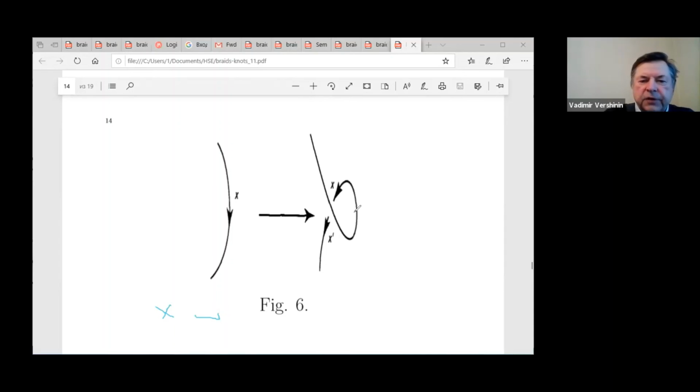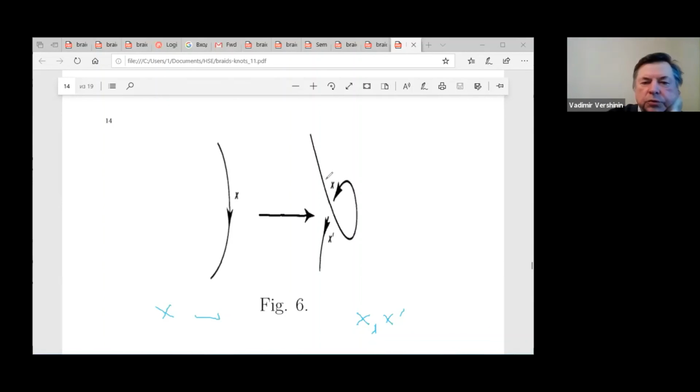Here, after Reidemeister 1, you have maybe the same generators, but you have one more, X and X prime, right? X comma X prime. And we have one more relation because we have a crossing.